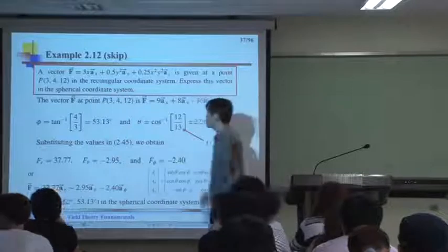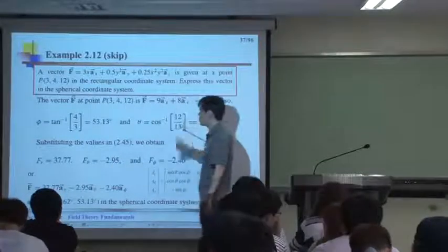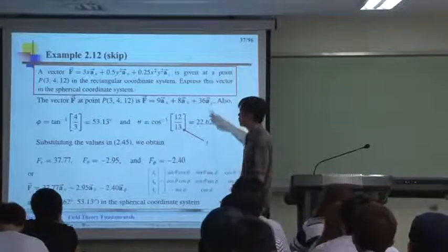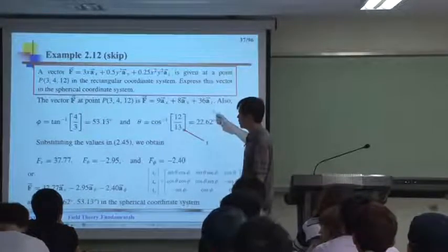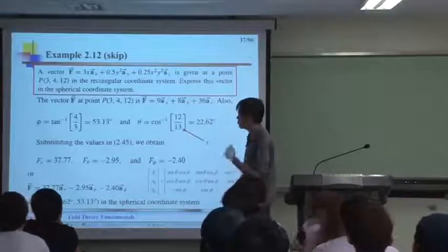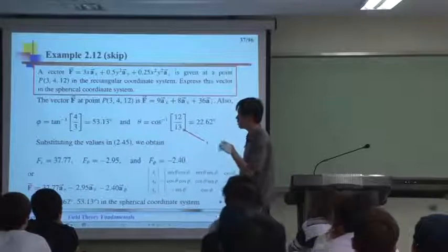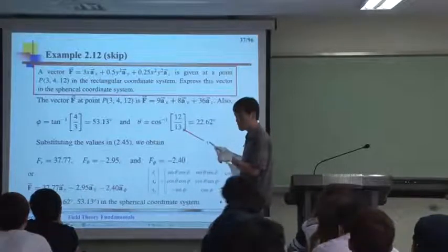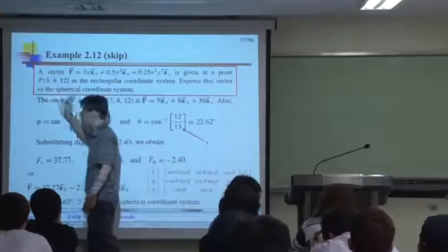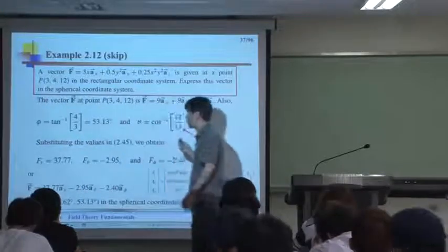So the point is given in this way, and if you want to change the coordinate system into spherical coordinates, then first you need to know what R theta phi are. The point P should be expressed in R theta phi.